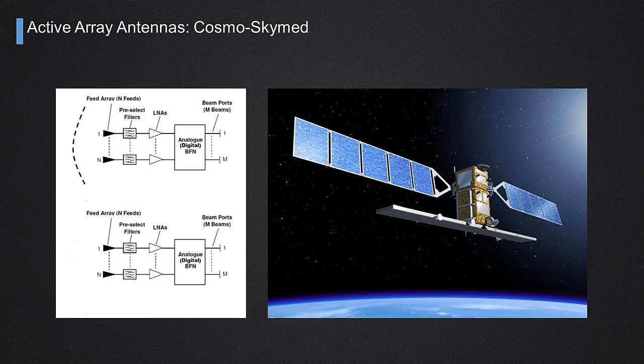It is the active antenna of the Cosmo-SkyMed satellite, which is, as a matter of fact, a radar antenna. So it's an active antenna where the elements, which are printed microstrip patches, are connected to both low noise amplifiers and RF power amplifiers through a switch. So the antenna works in transmission and then receives the reflected waves from the ground, like in any radar. And it is a good example of a rather complex and sophisticated active antenna with direct radiating into space.